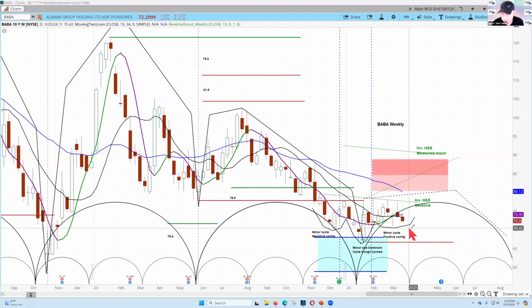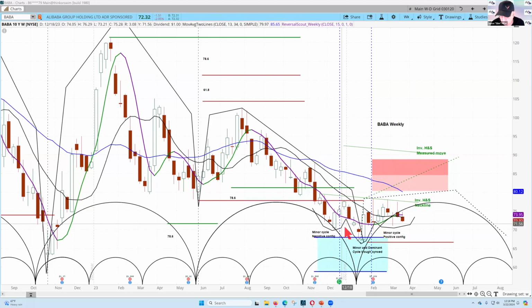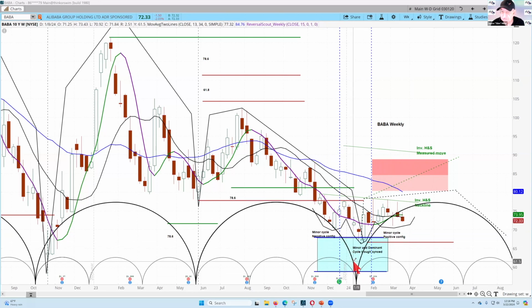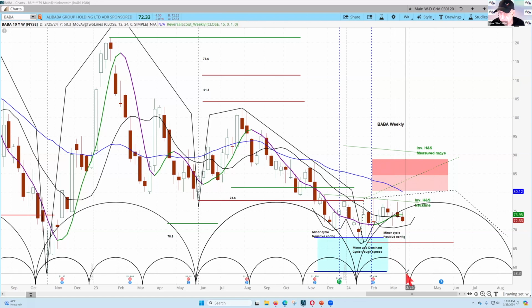That's just forming. Now, that has a tremendous amount of meaning for us because it says this cycle right over here, which made a lower low, negatively configured, was affected by the downward force from the dominant cycle. If you look at the dominant cycle over here, that is now creating an upward force, proven by the shape of this cycle, a positive configuration.